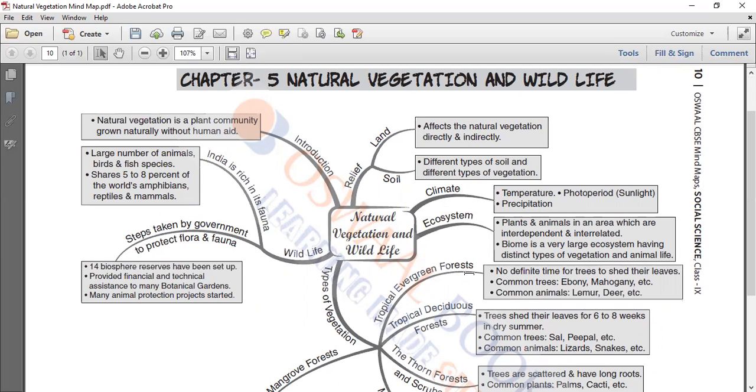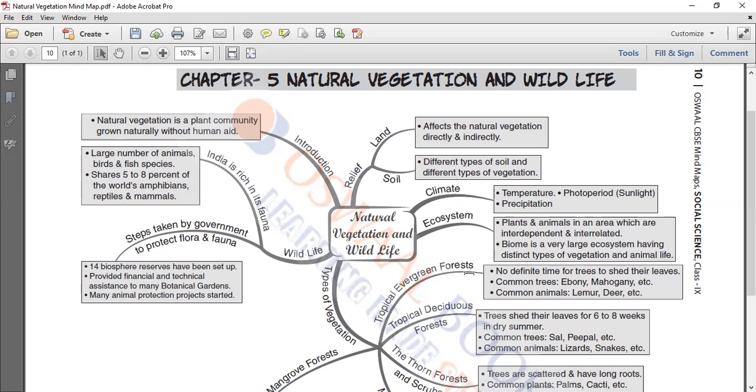Now, speaking of the wildlife, we spoke how India is large in its fauna and we have 90,000 animal species. We have 2,000 species of bird, and in all we constitute the world's 13% in total. We have 2,546 species of fish, and that is around 12% of the world's stock.